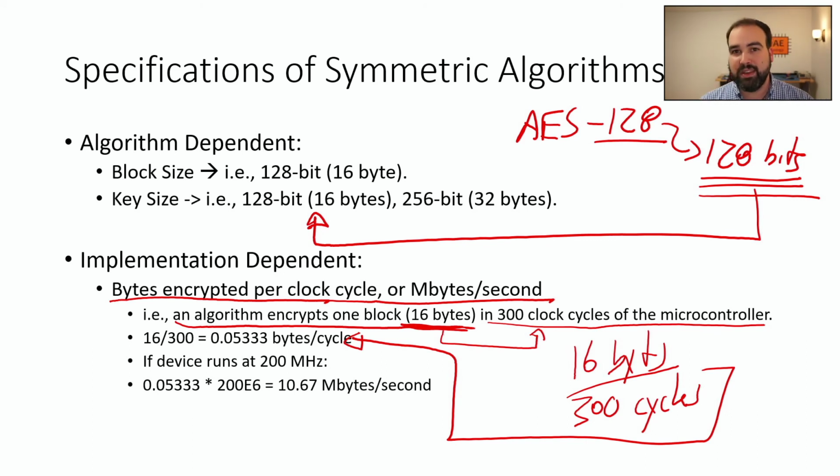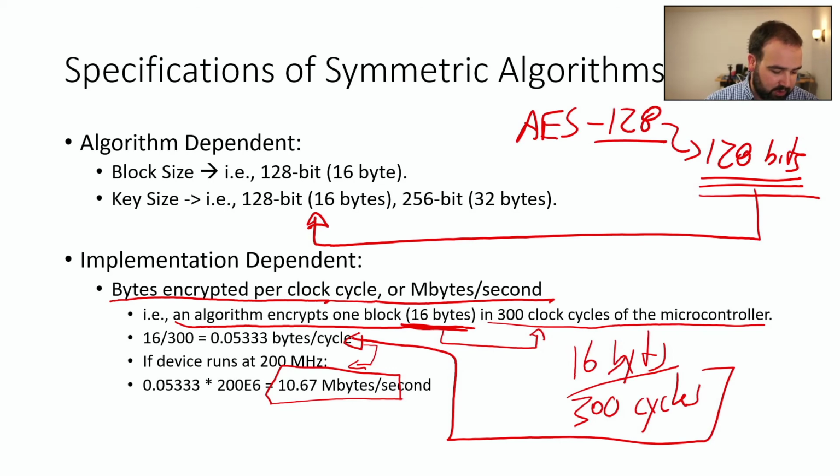Even though we need 16 bytes always, we're still specifying it in bytes per cycle. We could then say, if the device runs at 200 megahertz, and assuming that means 200 million cycles per second, you would have a throughput of about 10.7 megabytes per second in this case. So you can run some of these calculations to get an idea for what the performance of these different algorithms is.